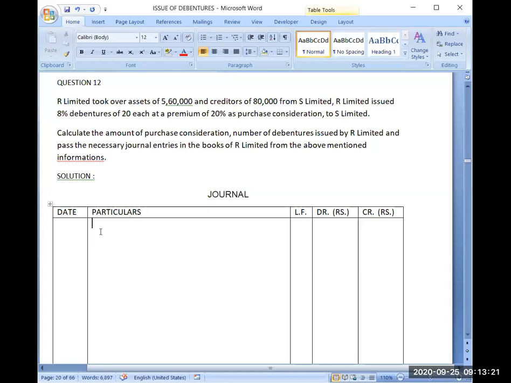Okay, now see this question. R Limited took over assets of 5,60,000 and creditors of 80,000 from S Limited.